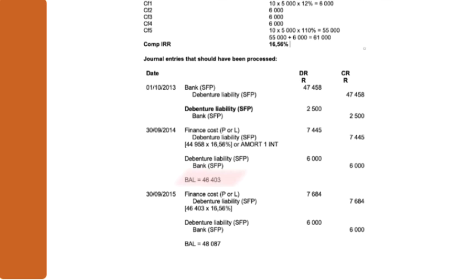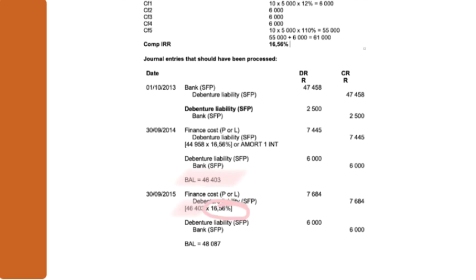If we then have a look at 30 September 2015, we have to do the interest journals. The first journal is debit the finance cost, credit the liability. How do we calculate that? Balance on the debenture T account at this moment, the balance that accrued interest for this period, times the new effective interest rate that you had to go and calculate because of the transaction costs changing your PV.